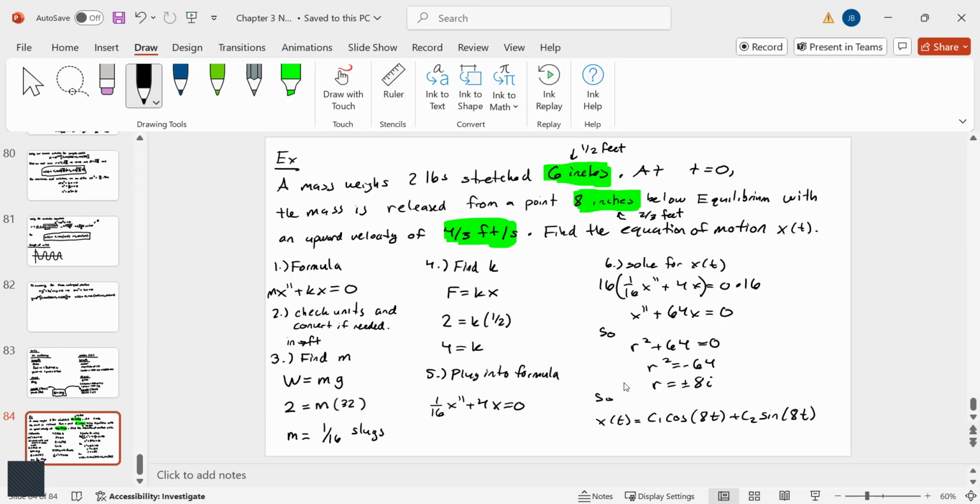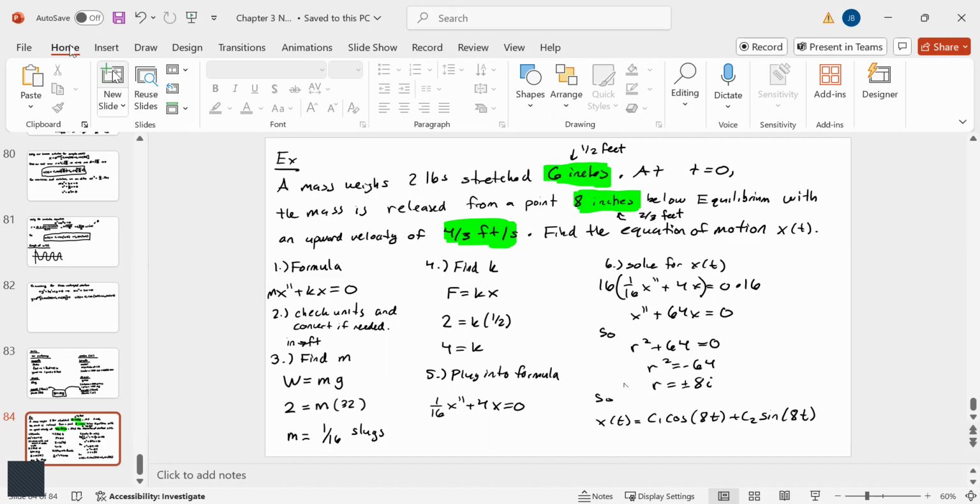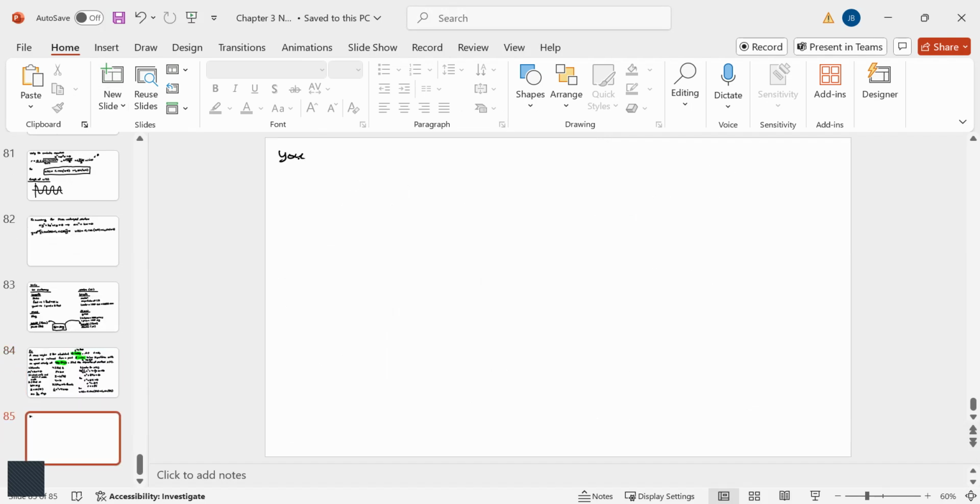Now, just to throw this out there, you could also realize m equals 1 over 16 and k is equal to 4.